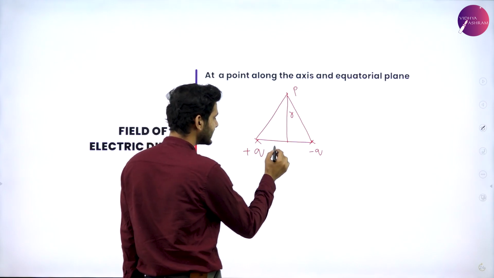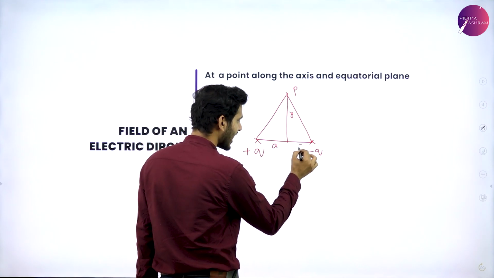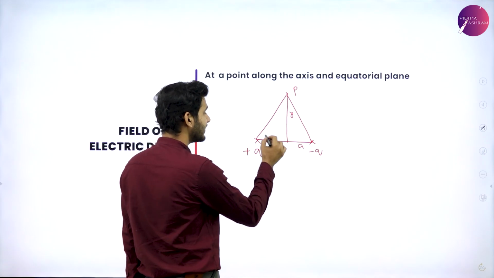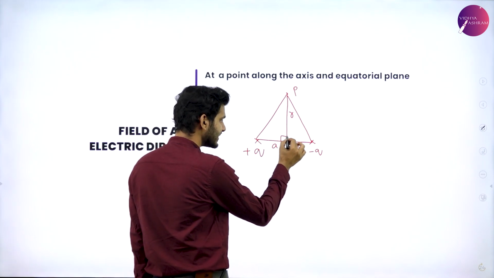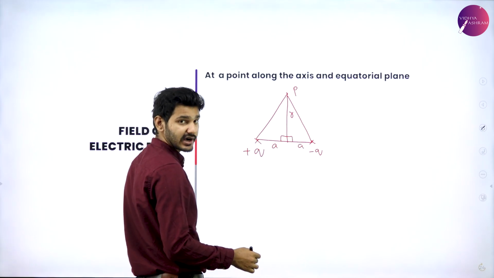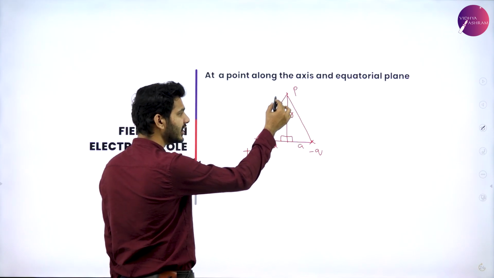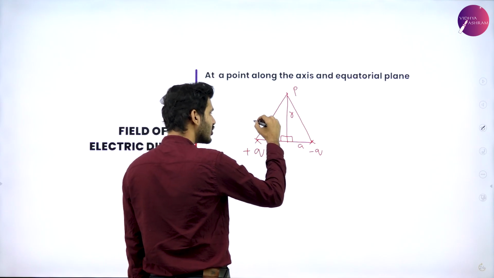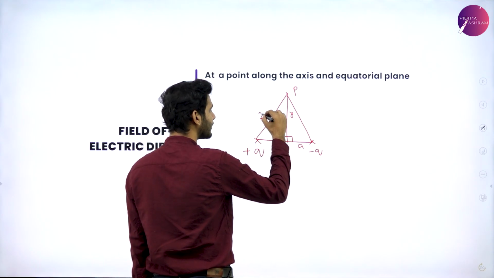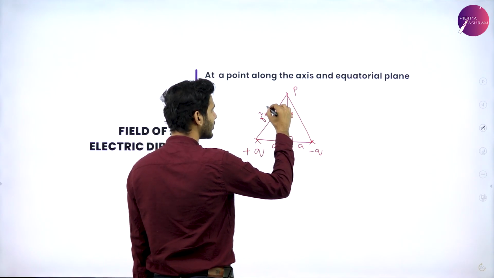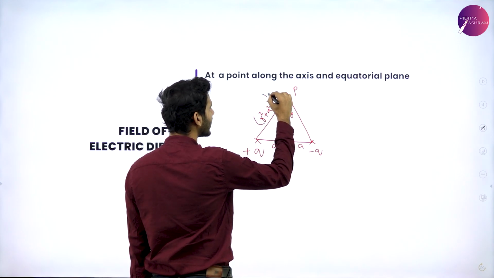We know that this distance is A and this distance is A, and this is a right angle triangle, so we can add base square plus altitude square to get this distance, which we found out to be R square plus A square whole raised to 1 by 2.